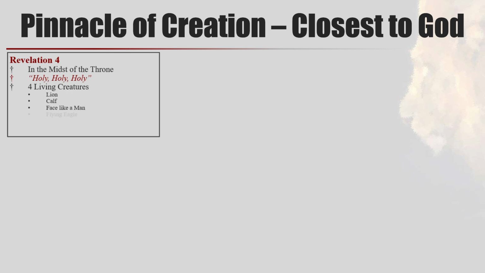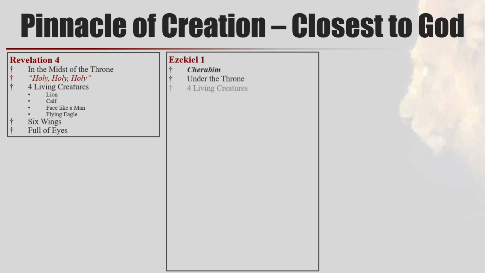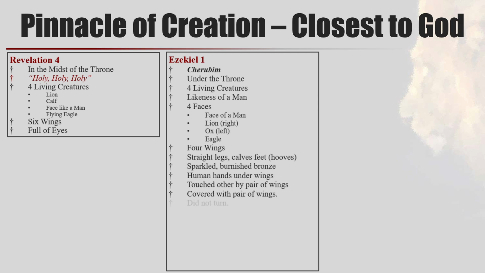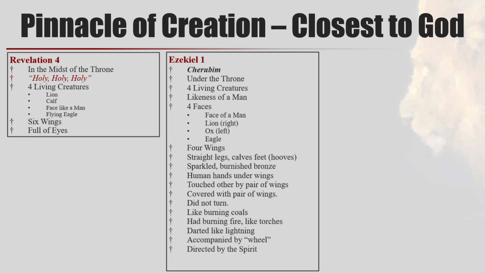All right? So, for sake of time, I'm going to go ahead and put this up. So, here in Revelation 4, we've got them in the midst of the throne. They're saying, Holy, holy, holy. Again, as I mentioned to you, it's one of the few places where you see the same word repeated three times. We've got the four living creatures, six wings, full of eyes. In Ezekiel 1, he specifically calls them cherubim. They're very, very similar, and I think they're the exact same creature, but they are described slightly differently.